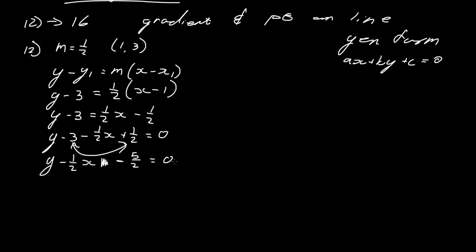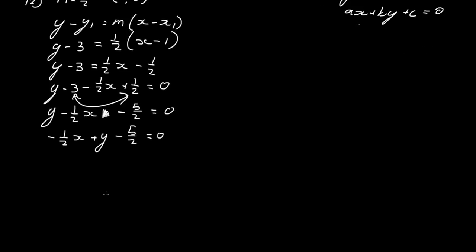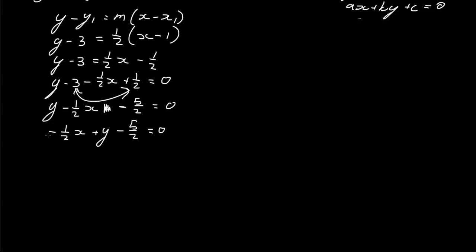Okay, so now let's write things in the correct order. So we put our x term first, minus a half x plus y minus 5 over 2 equals 0. Cool. And they don't like fractions or negatives here, so let's multiply everything through to clear the coefficient of the x.